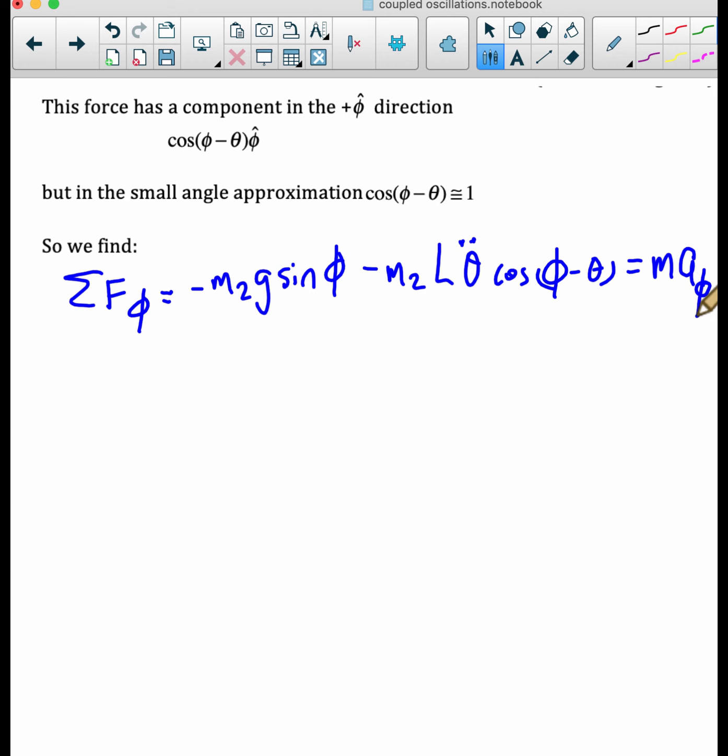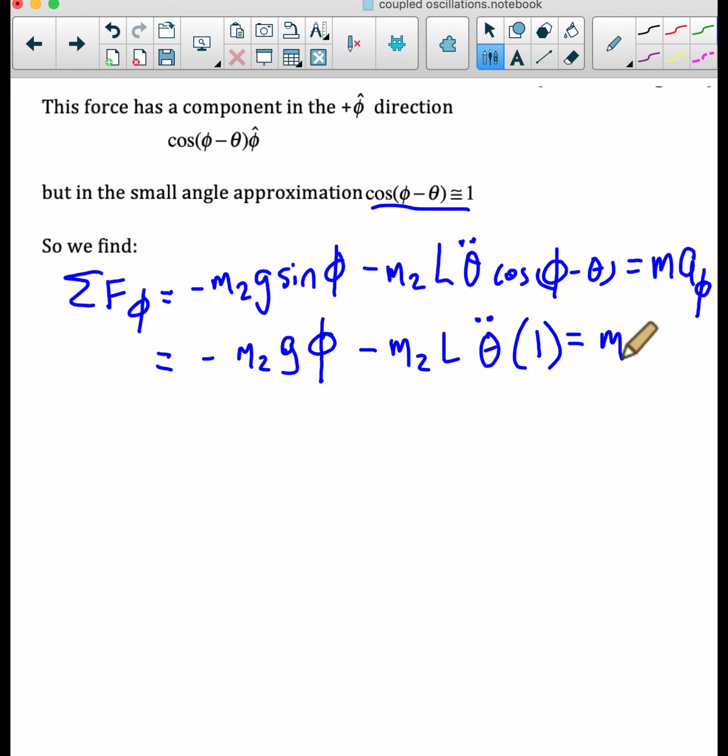Now, using the small angle approximation, of course, this is just going to be m2g sine of phi is approximately phi. And then, in the small angle approximation, cosine is approximately 1. So that means this term here is just 1, that cosine term.